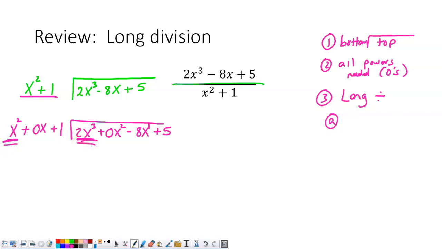So think about that for a minute. What would I have to multiply x squared by to get 2x cubed? Well, you would need to multiply it by 2 to get a 2. And then you would also have to multiply it by another x because it's only x squared, but we need x cubed. So this is what I would multiply it by, and we're going to put it up there. So I'll write my first step over here.